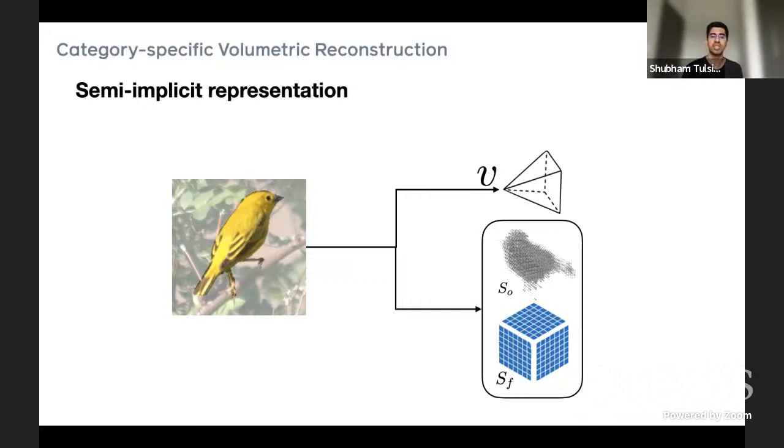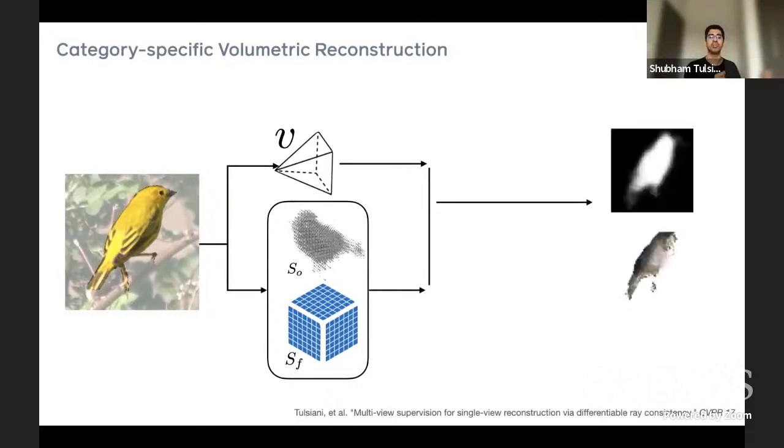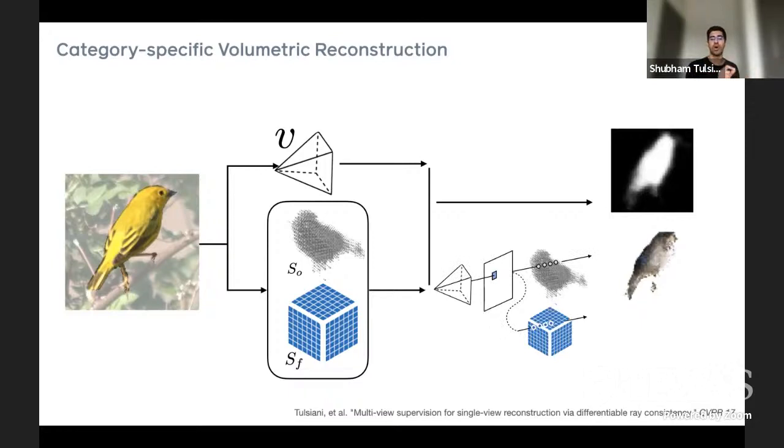And given this representation, we design sort of a differentiable renderer, following some of our previous work on how to do ray marching in a probabilistic occupancy grid. But this differentiable renderer essentially can, given a query ray, aggregate the feature along that ray by accounting for the occupancy of the voxels along this and do some sort of occlusion reasoning.